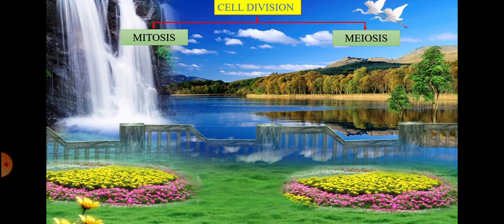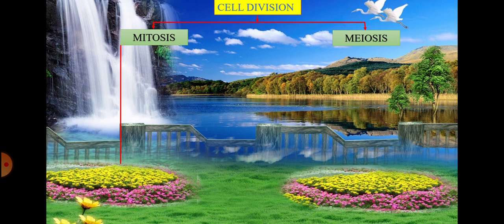So whenever there is a cut inside my body and it starts bleeding, this mitosis cell division takes place. And when any living organism, animal cell wants to reproduce its new offspring, then meiosis cell division takes place. Okay? So now we are going to study both of them in detail.